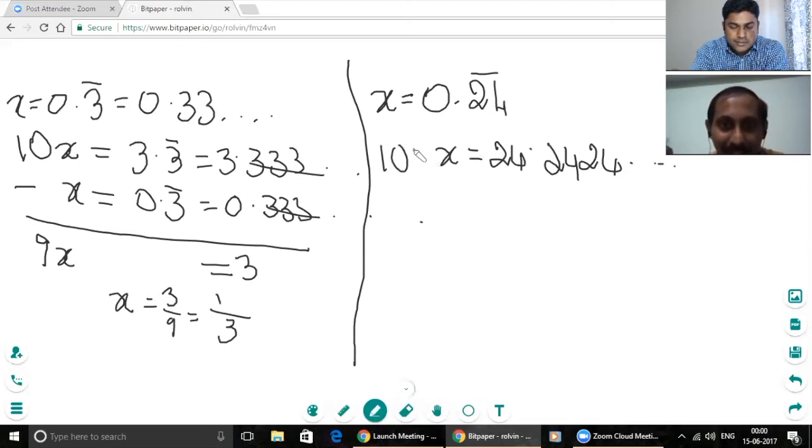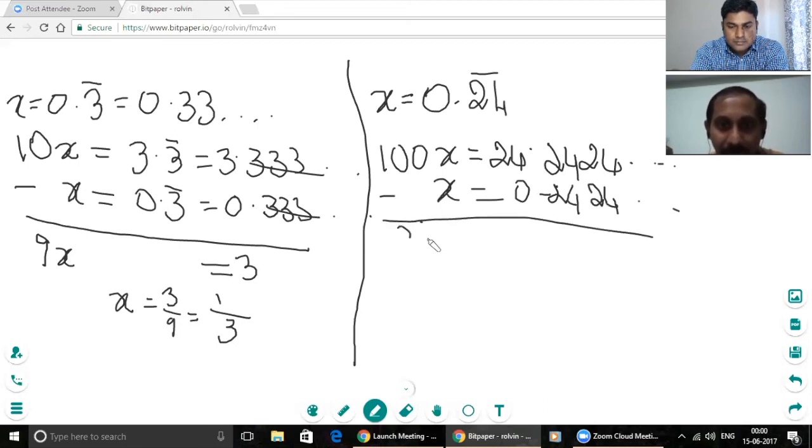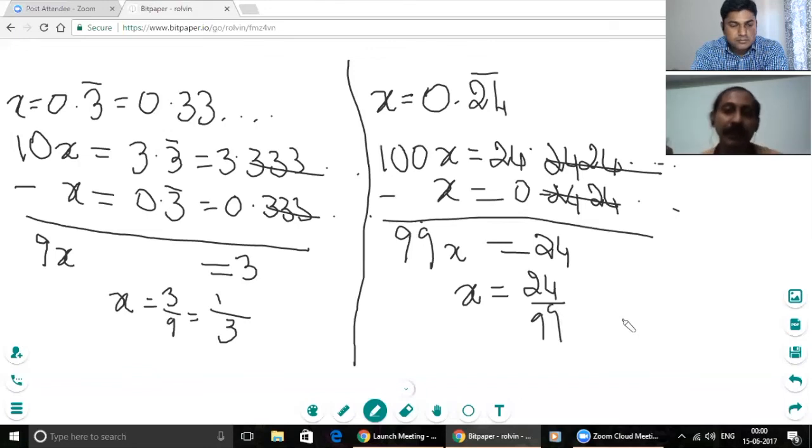Let us subtract x from this. x is 0.2424, and it repeats. When we subtract, we will get 99x equal to 24, as the repeating digits cancel. So we have expressed this repeating decimal as a fraction, 24 by 99. This principle will work for any number of repeating digits.